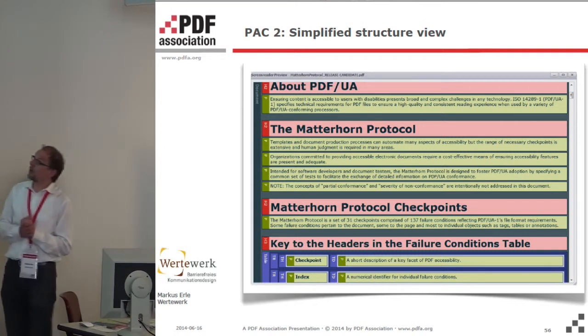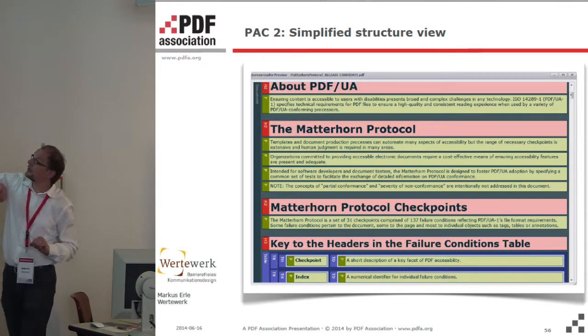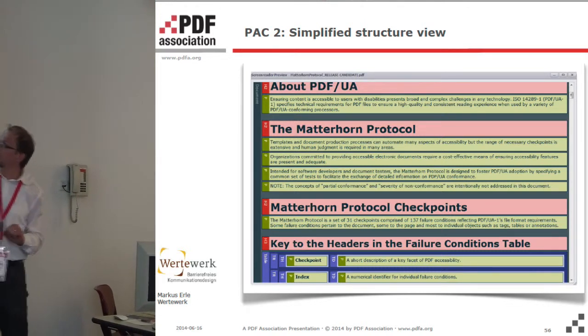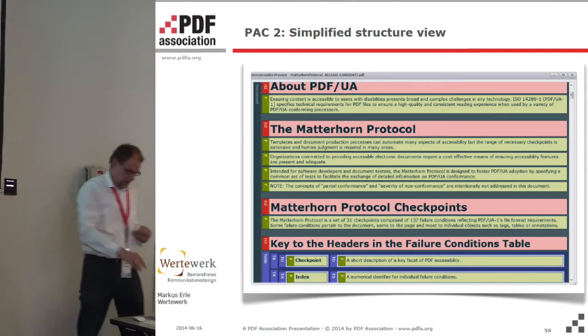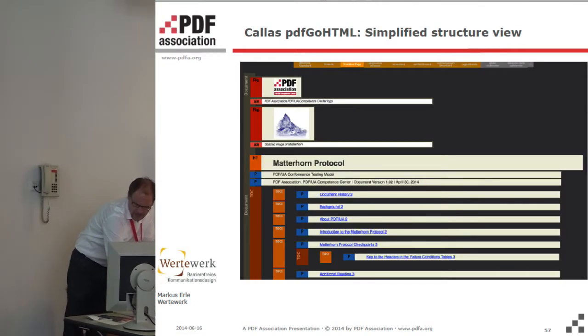And you see the bones like the headings here in red color, or you can evaluate the table structure, even with the header and the data cells. And there are also other tools like the PDF Go HTML tool.